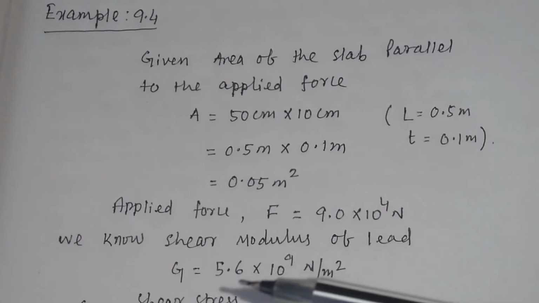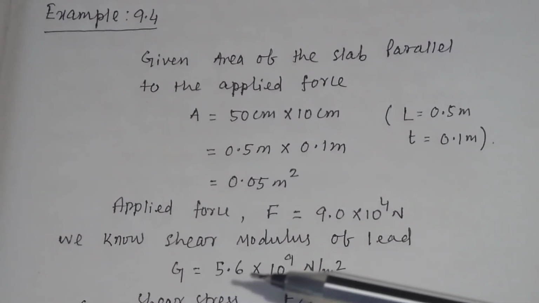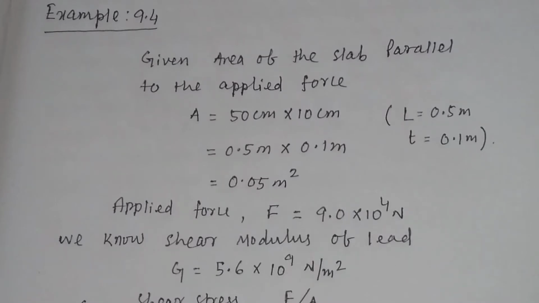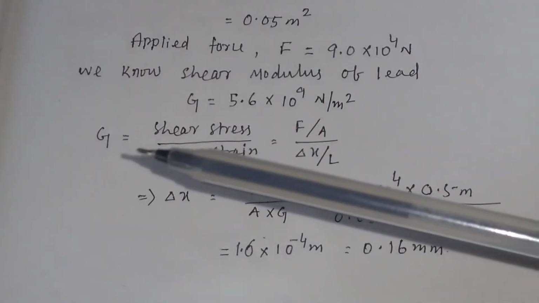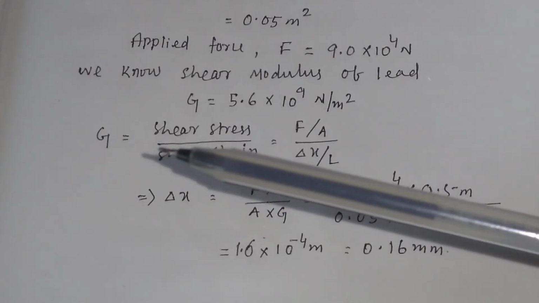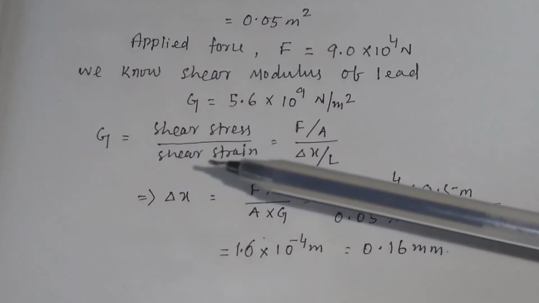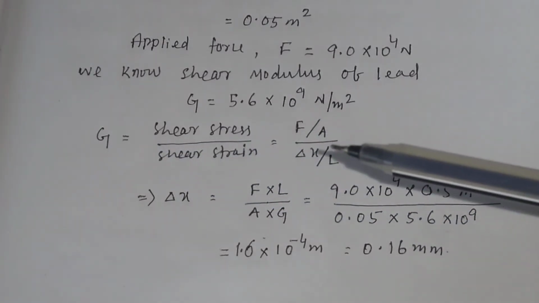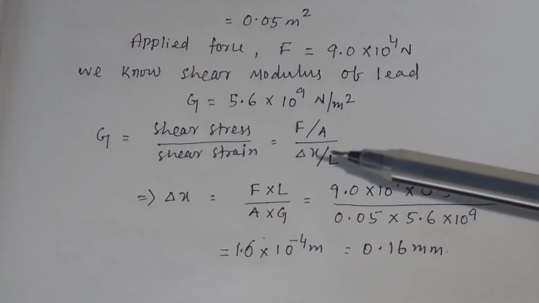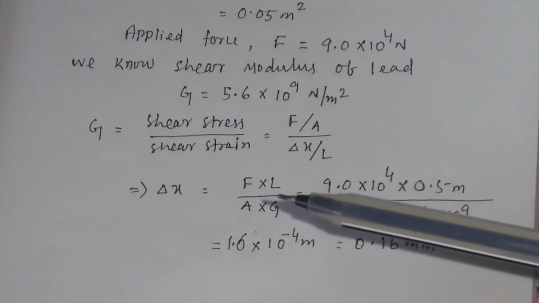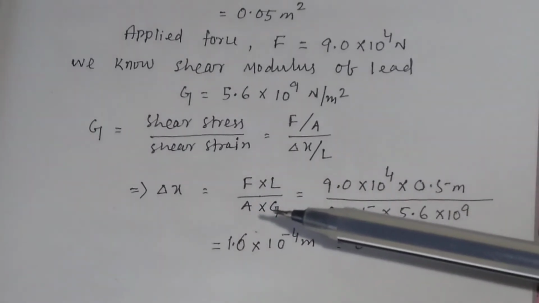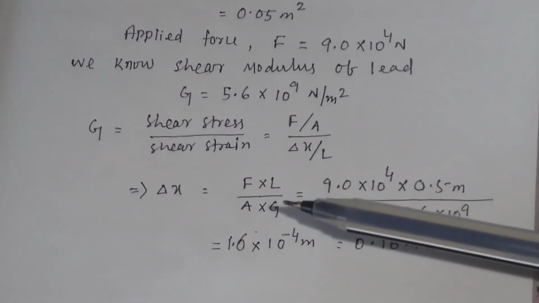And the shear modulus of lead is 5.6 gigapascal. From the formula of shear modulus G, we know it is shear stress divided by shear strain, that is F by A divided by delta x divided by L. So delta x will be equal to force into length divided by area into the shear modulus.